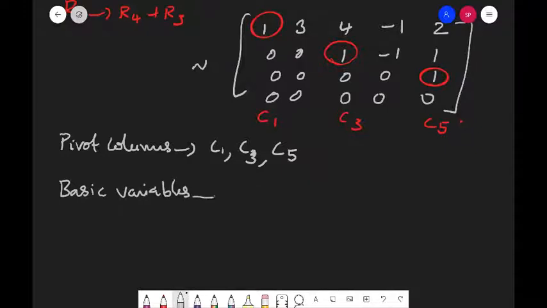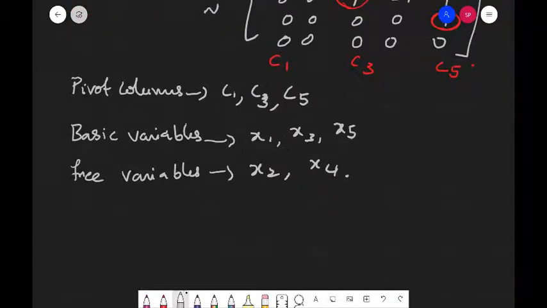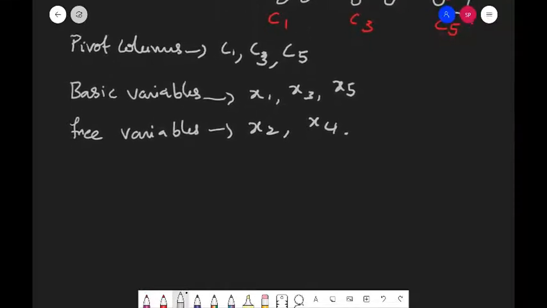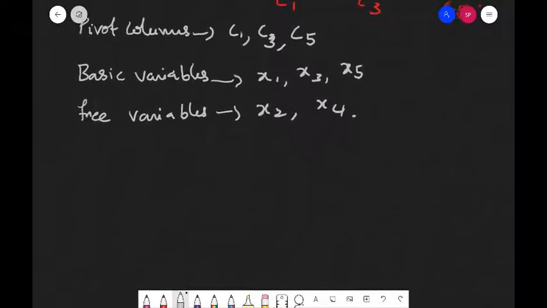The basic variables are x1, x3, x5, and then free variables. The remaining are the free variables, x2 and x4. Now we have to find the row space, column space, null space, and everything. So let me start with the null space.